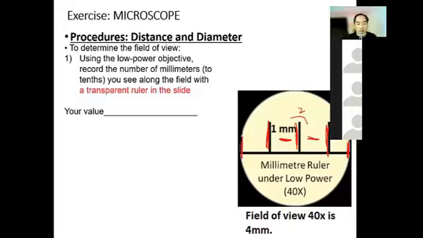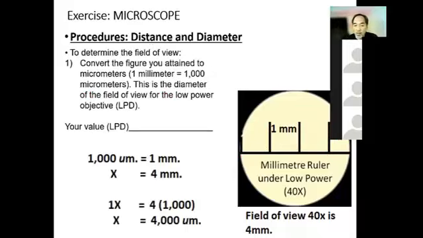And then this is another millimeter, that's 3. And then this is just about 3/4 of a millimeter. So this is going to be 3.75 millimeters. This is sometimes the way that we measure it, by using that transparent ruler.